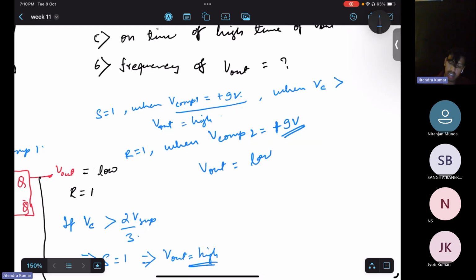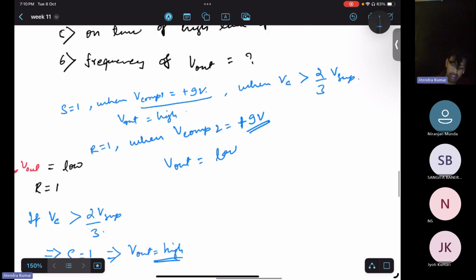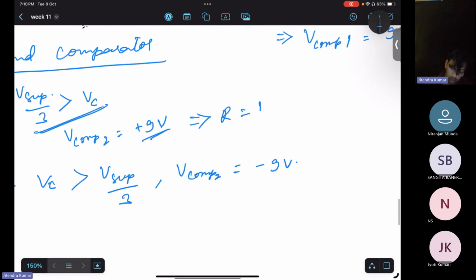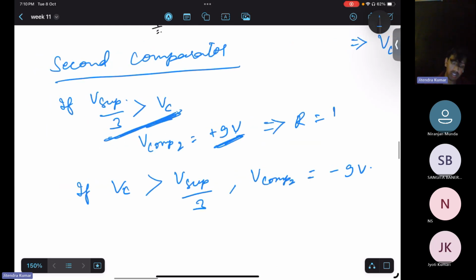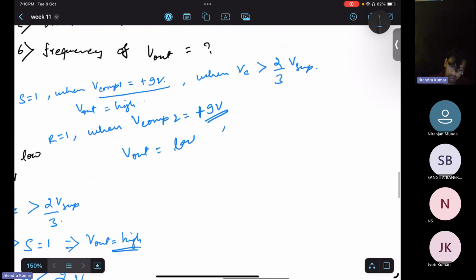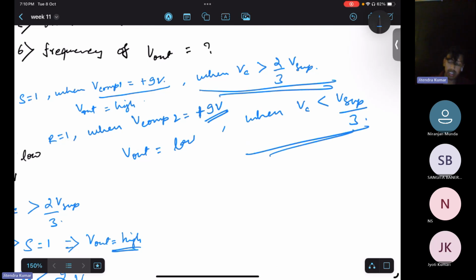And the second condition, when V comparator 2 is equal to plus 9 volt, when Vc is less than V supply by 3. Okay, these both conditions we have to look out. Only these two conditions will determine our output.